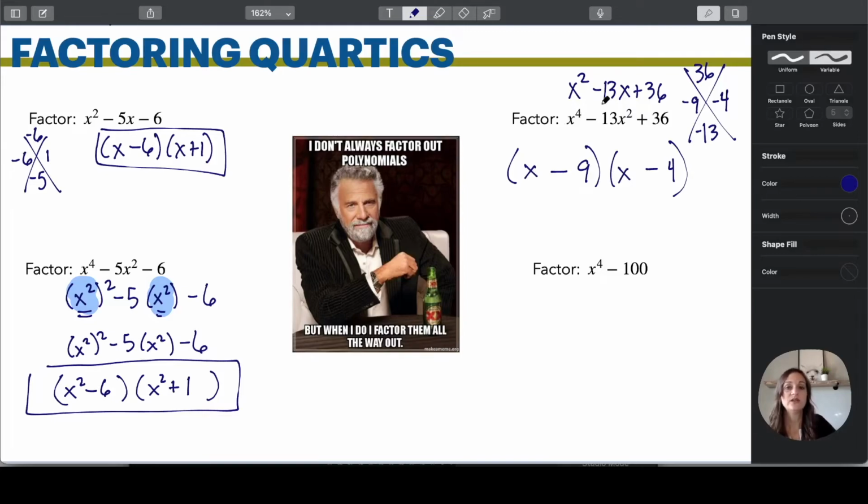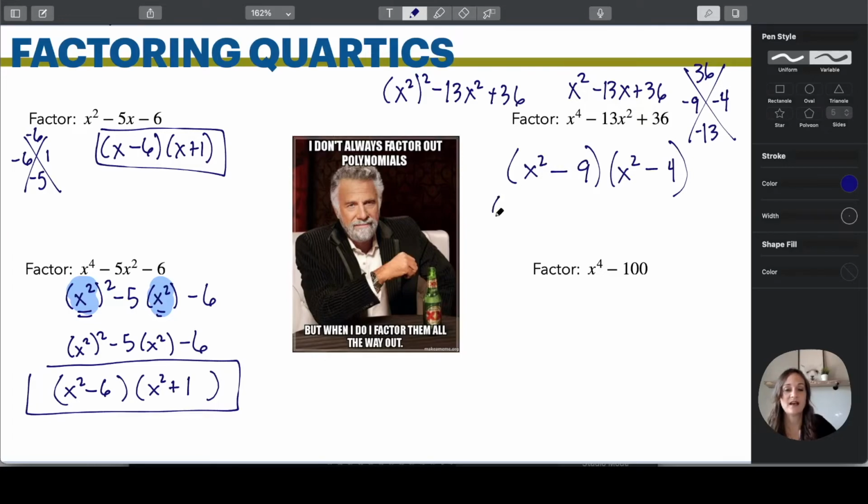However, these are in terms of x squared. Again, you can rewrite this with x squared as your variable instead of x. And so it would be x squared minus 9 and x squared minus 4. Now, normally, just like down here, we would be done. However, this is actually also a perfect square.